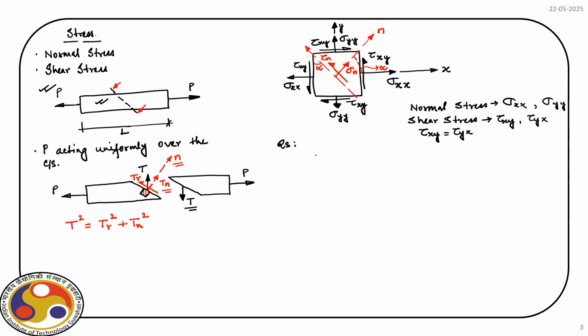Now, the question that we are going to answer is, estimate sigma n and tau n.